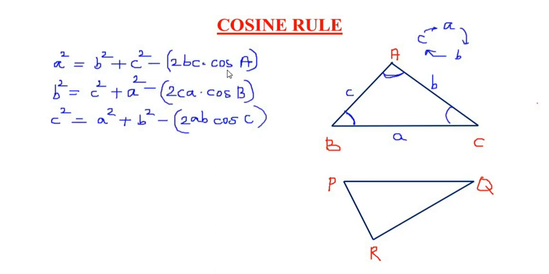And if an angle is asked by chance, you just need to rearrange this whole thing. Whenever the angle is asked, I'll teach you how to do it when we are solving the examples.